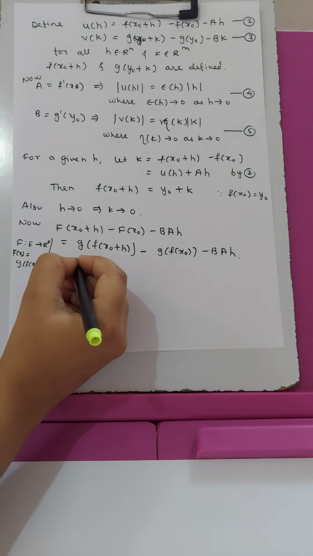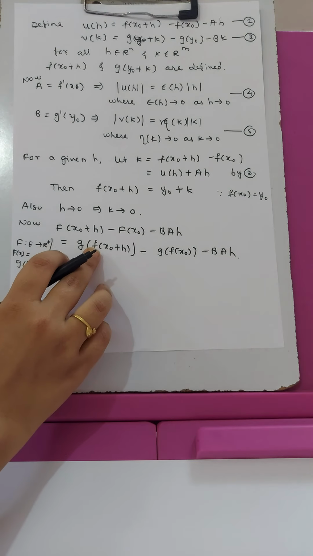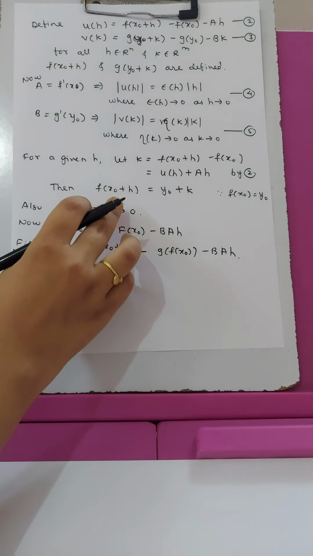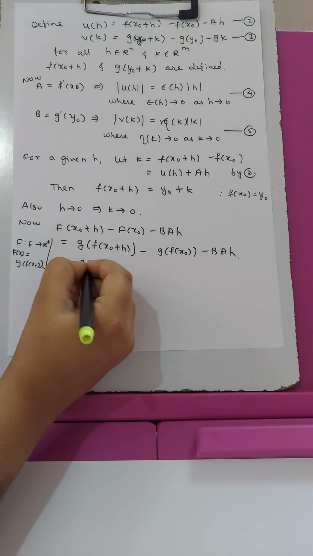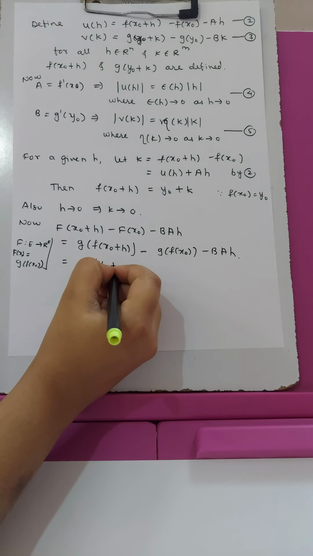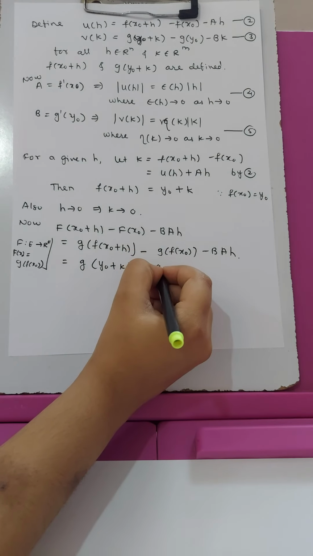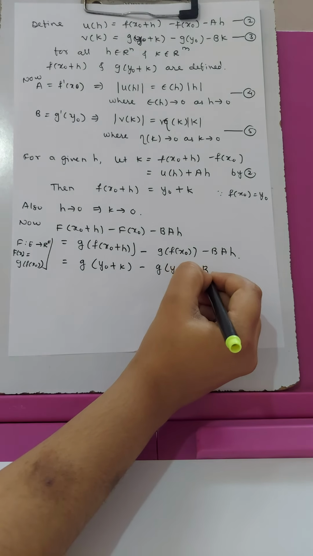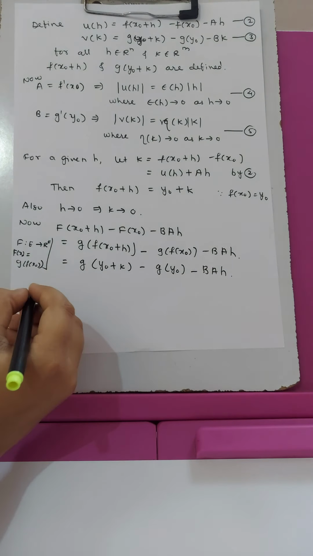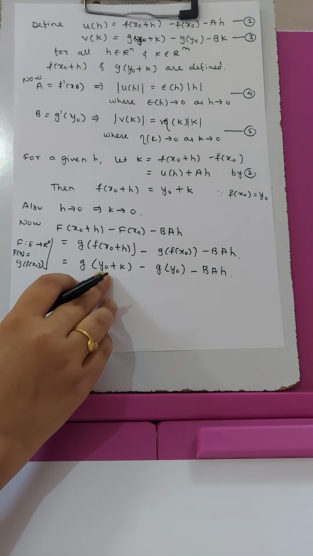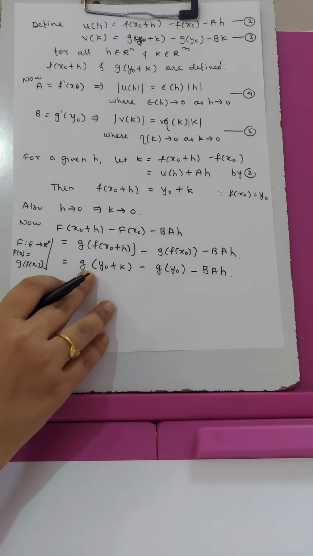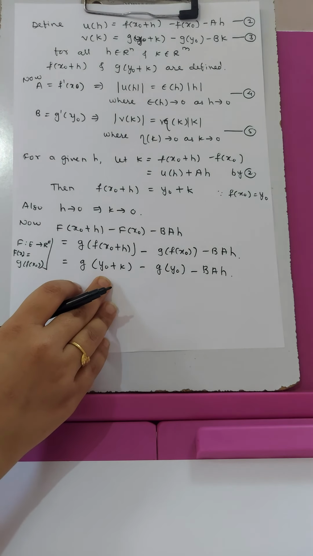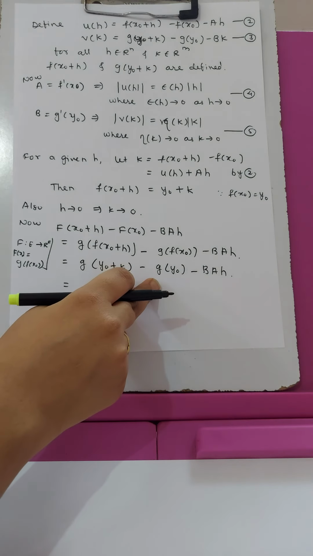Now f of x0 plus h is y0 plus k, so therefore g of y0 plus k minus g of y0 minus BAh.